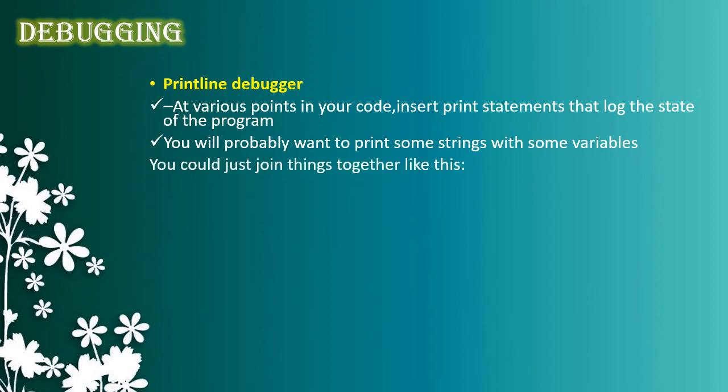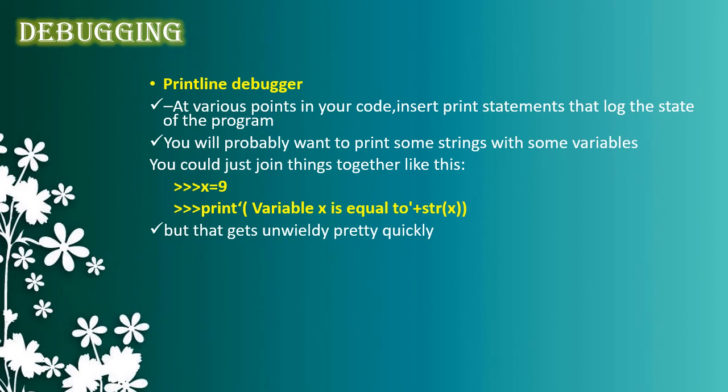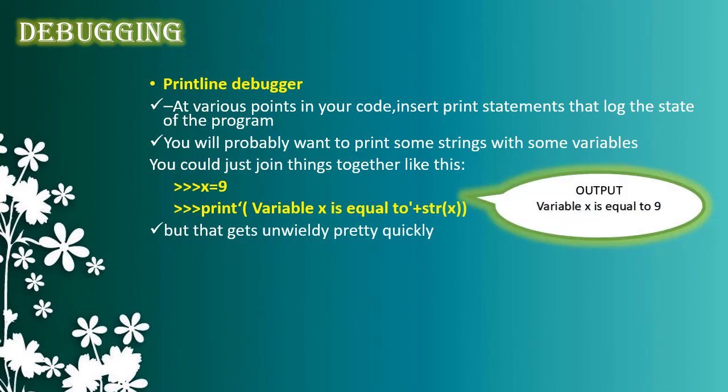While we are using the print statement to find the error, we can print any variable like that. For example, the statement x is equal to 9 is given. So for the variable x, we are converting the integer into a string with str. So it will come like this: the output, variable x is equal to the string value, will be printed.